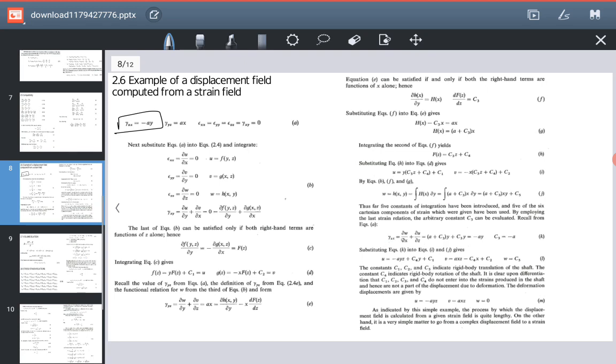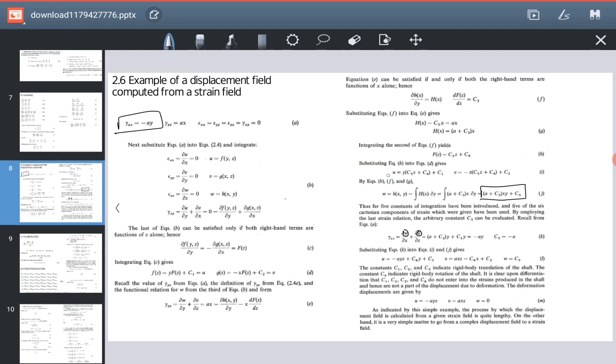So the zxy equals dou w upon dou x plus dou u upon dou z, putting the values of w and u from the above results. So w equals this, and u equals, where is u?